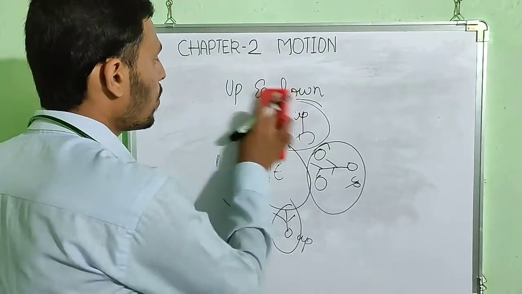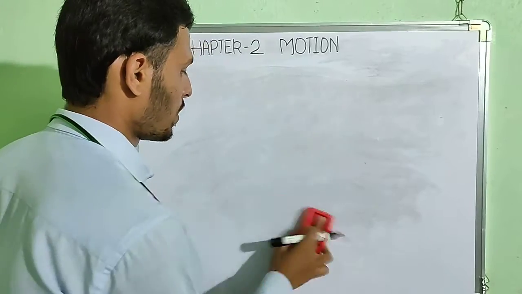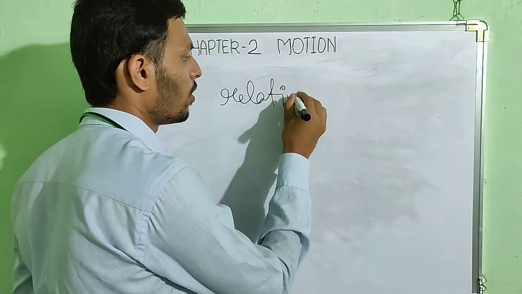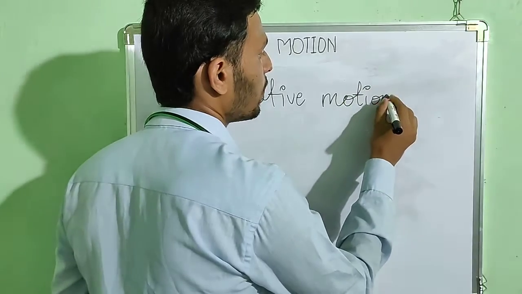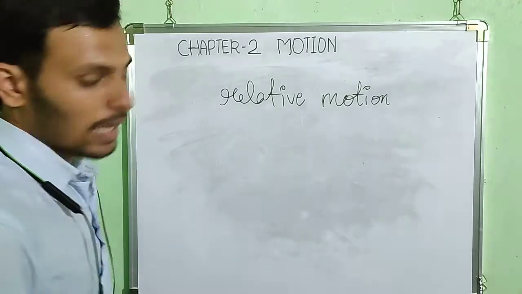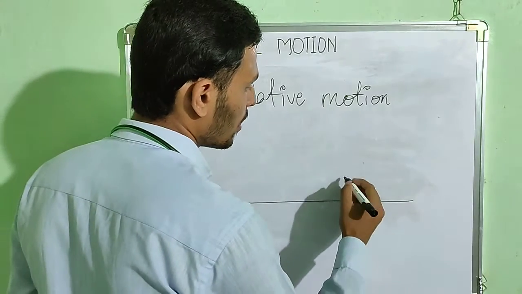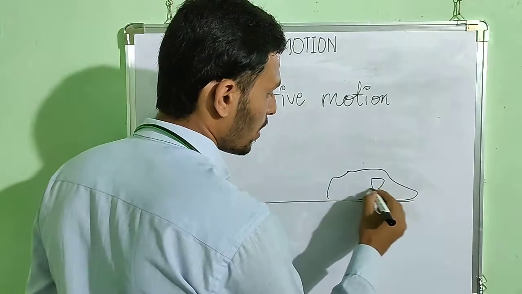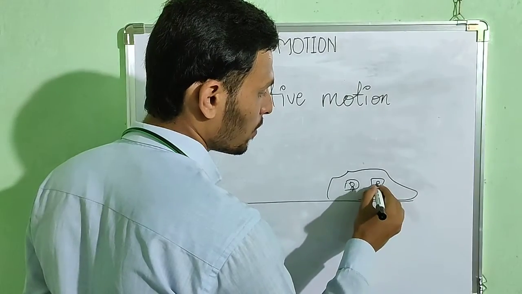Now let us see how the relativity works in motion: relative motion. For this I will give you an example. Let us consider this is a road and there is one car, with one person sitting in the passenger seat and one a driver.